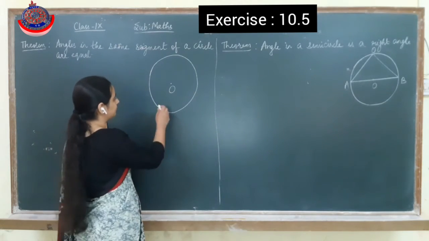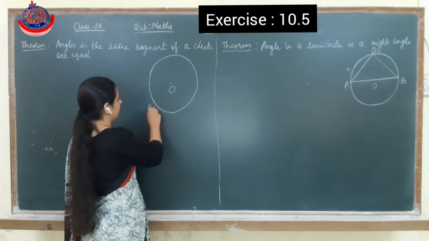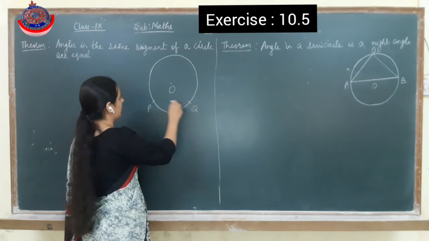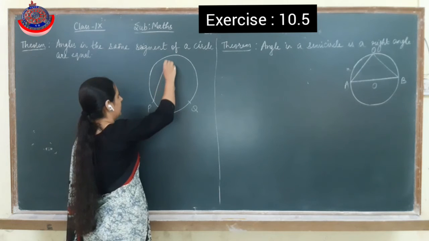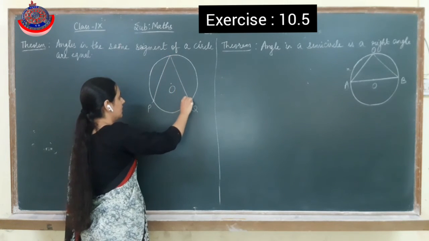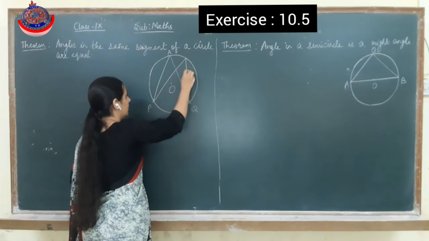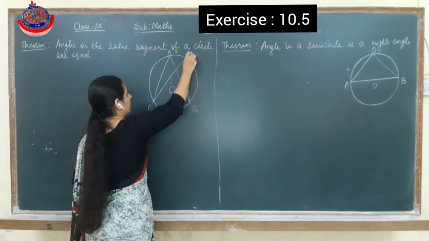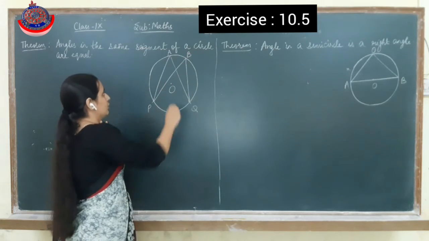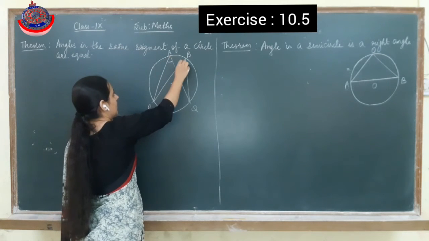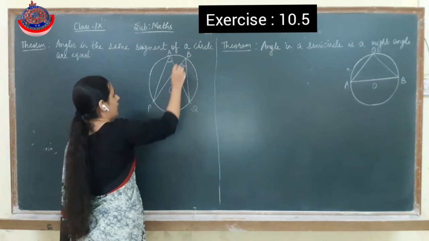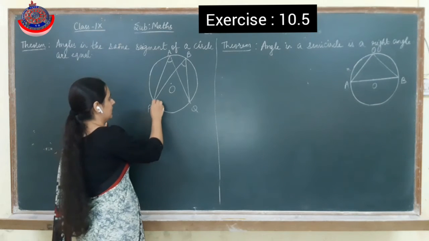That means if suppose I have the arc PQ, I want to say that if I draw, suppose one is this angle PAQ, one more I take PBQ, fine. So I want to say that this angle will be equal to this. Now how we can say?